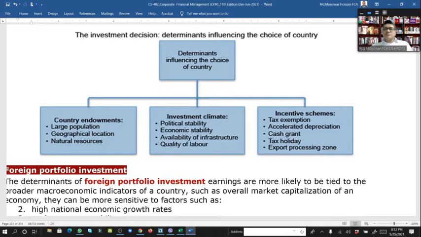Also we have to see the incentive schemes: tax rules, tax law, tax exemption facility, accelerated depreciation, cash grant, government subsidy, tax holiday, and a specific zone where a company can be established. So there are different types of factors here.